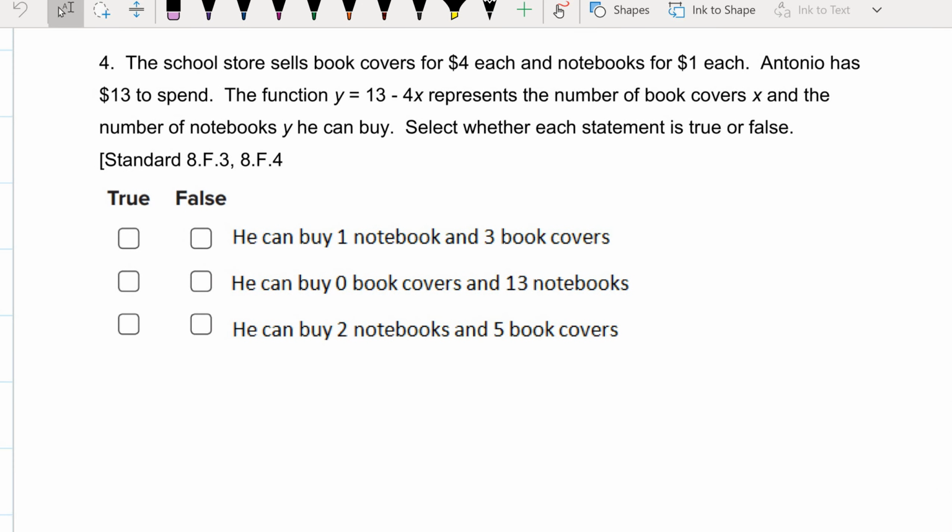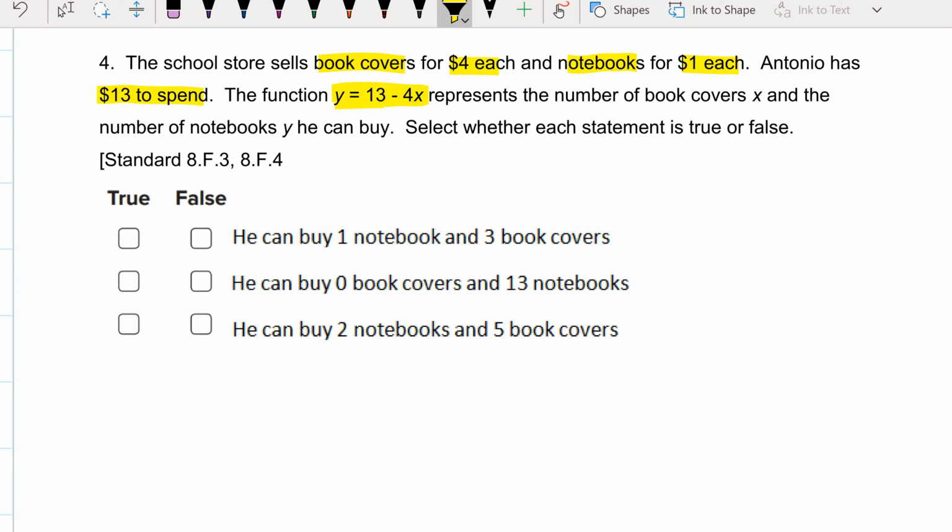Okay, so first of all, we need to underline the keywords here. We know that book covers are $4 and notebooks are $1, and the function is y equal to 13 minus 4x. Sorry, I missed that Antonio has $13 to spend.